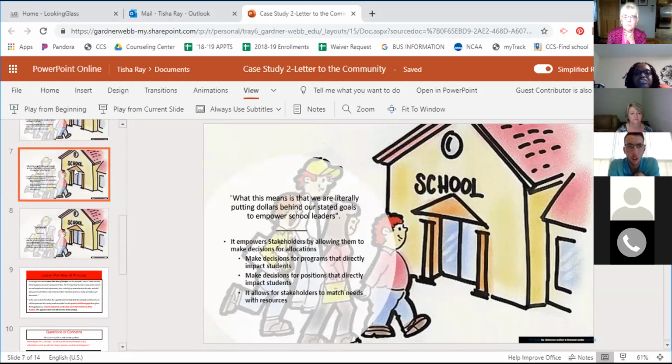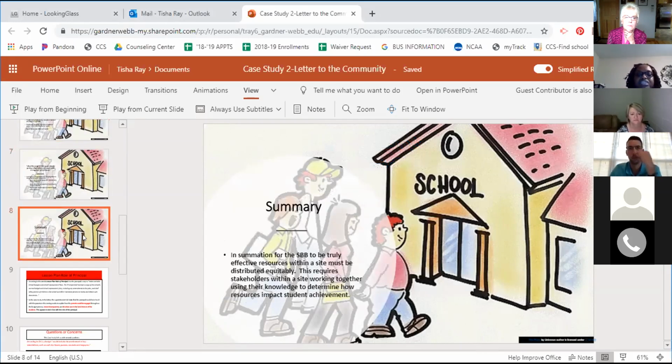What this means is that we are literally putting dollars behind our stated goals to empower school leaders. Our points, it empowers stakeholders by allowing them to make decisions for allocation, make decisions for programs that directly impact the students, make decisions for positions that directly impact the students, and it allows stakeholders to match the needs with resources.